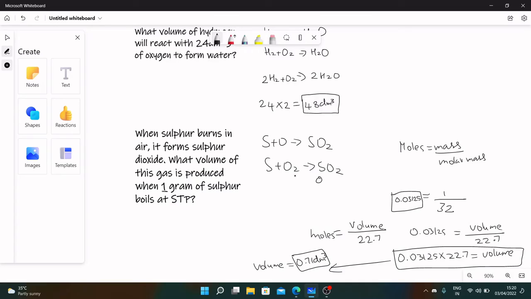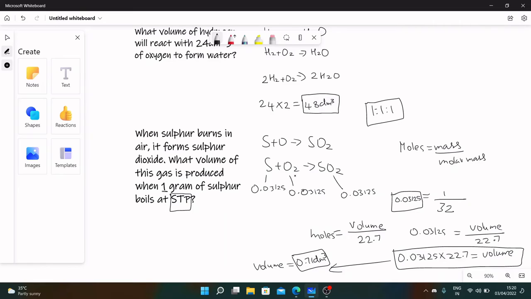So if sulfur is 0.03125, this is also 0.03125, and this is also 0.03125 because the ratio is 1:1:1. Since all of them have the same number of moles, and considering Avogadro's law, and because they are at STP, they will have the same volume.